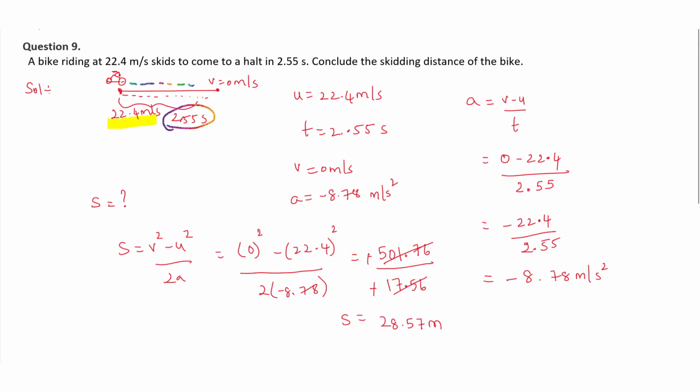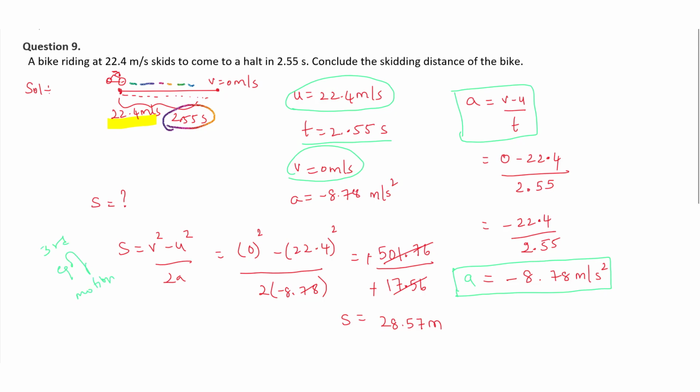So your U is 22.4, V is 0 meter per second because it is coming to a stop, and after skidding it took 2.55 seconds. Firstly I have to calculate acceleration, V minus U by T. I have calculated and I got A equal to minus 8.78 meter per second square. Then I used the third equation of motion.